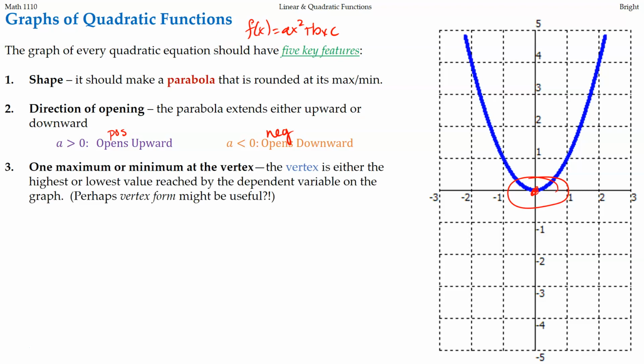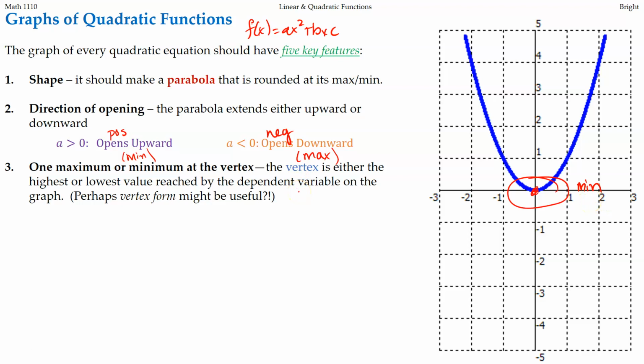Next, there should be one minimum or maximum value. In this case, my minimum is going to be here because it is opening upward. When you open upward, you're going to have a min, and when you open downward, it's going to be a max. This minimum or maximum occurs at what we call the vertex.